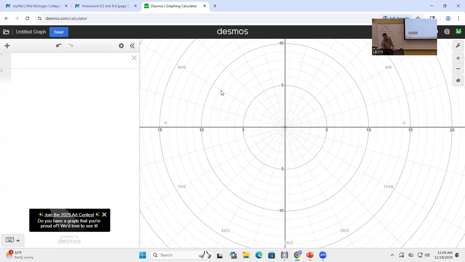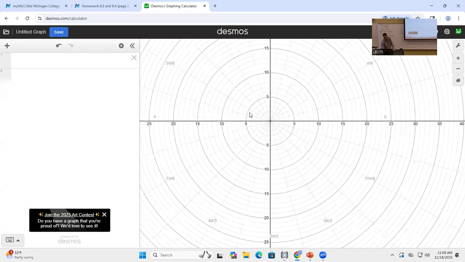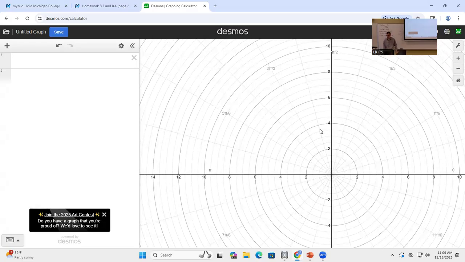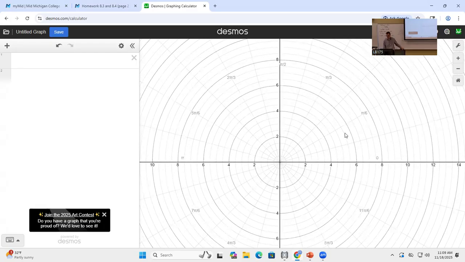I'll click that off for right now. It gives me a bunch of concentric circles and lines through the origin, very faintly. Notice those lines through the origin, a lot of them are pi over 3, pi over 6, pi over 4, stuff we know how to deal with.